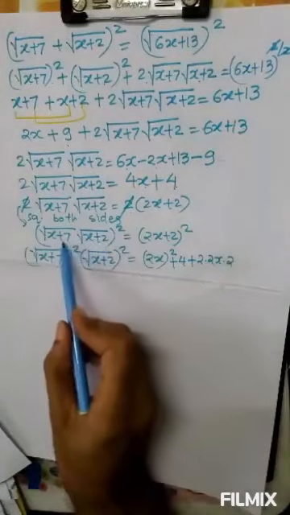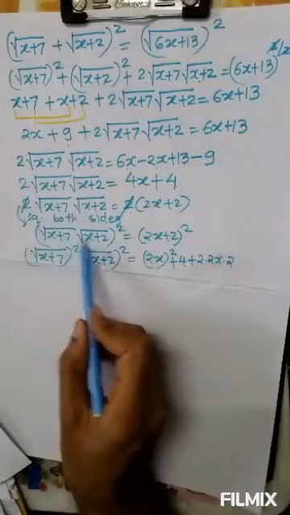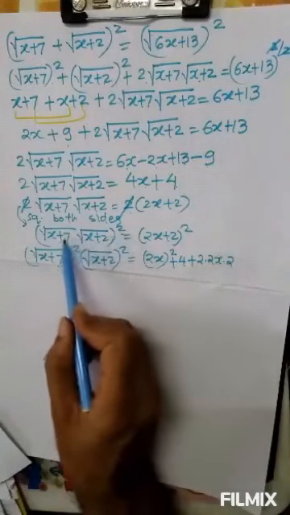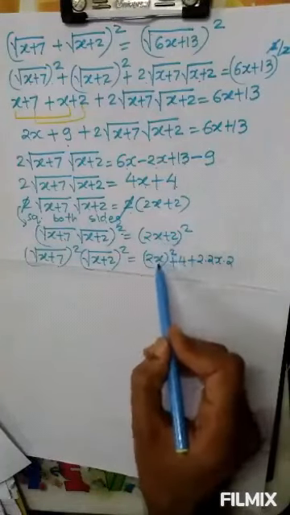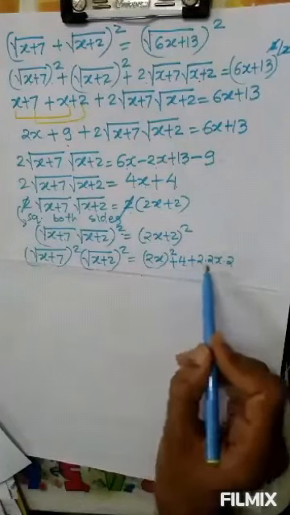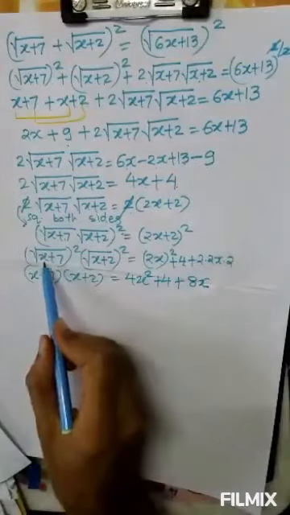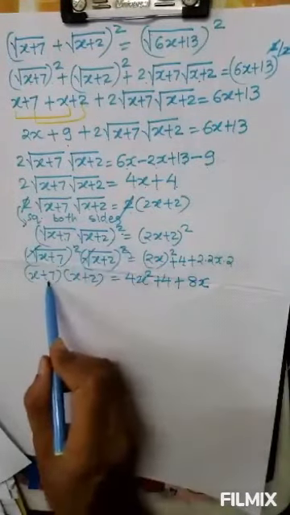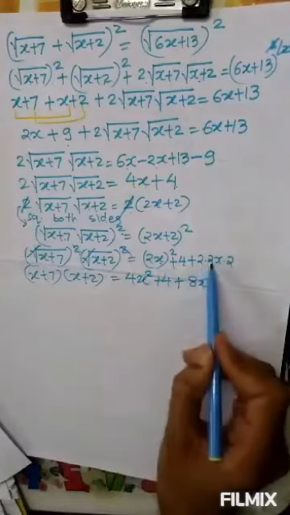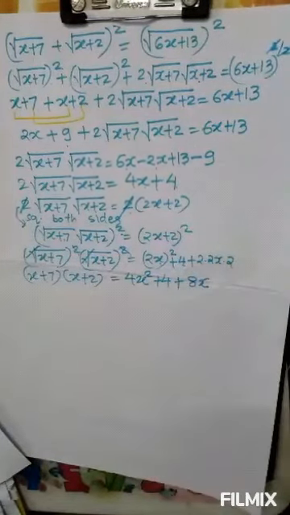So when we square both sides, this square is distributed in this and this under root, and we will use the a plus b whole square formula, a square plus b square plus 2ab. This subsequently cancels with this, and we are left with 4x square plus 4 plus 8x.